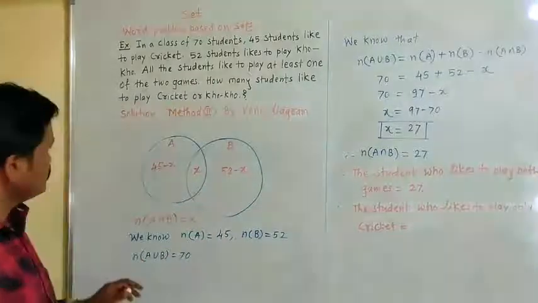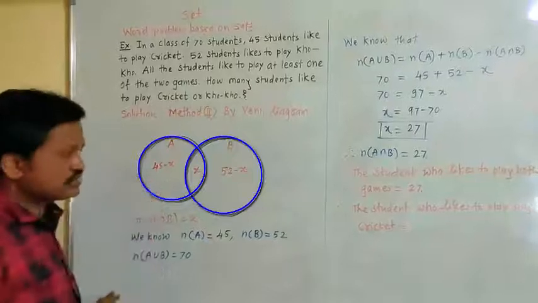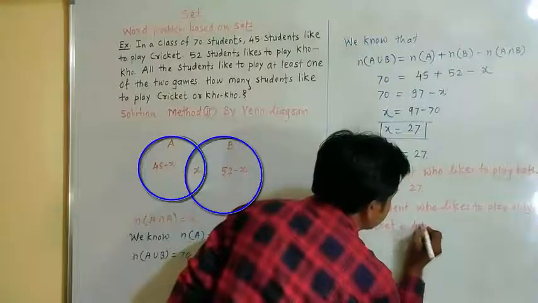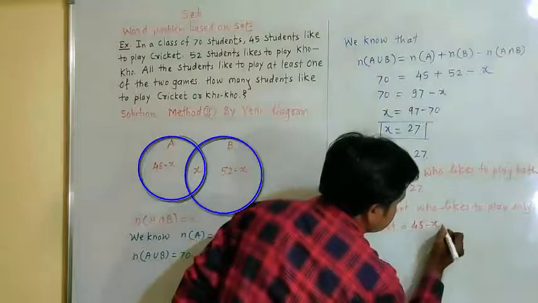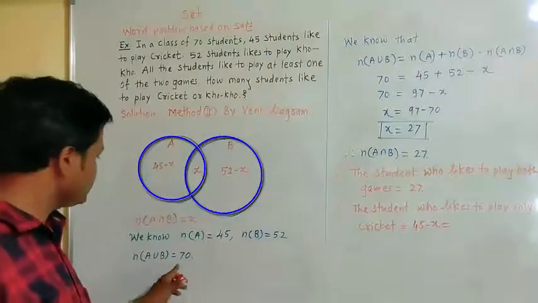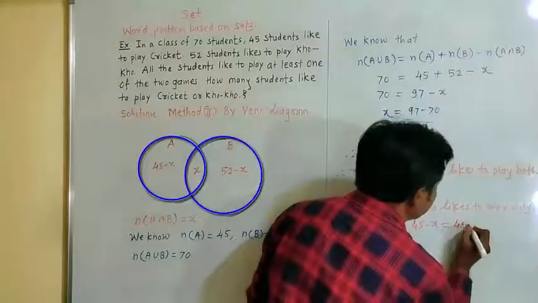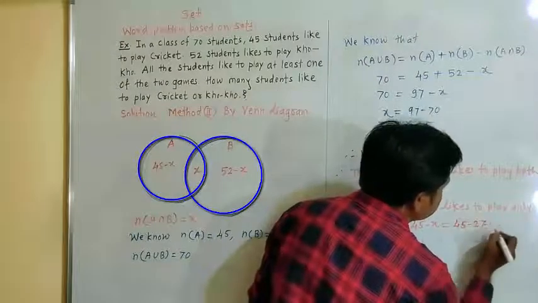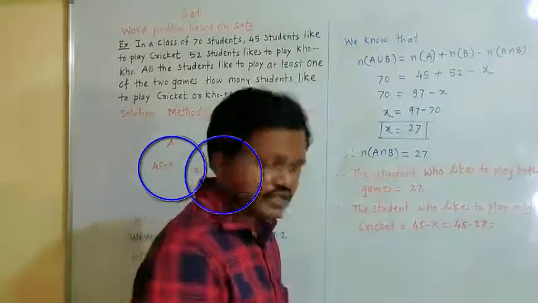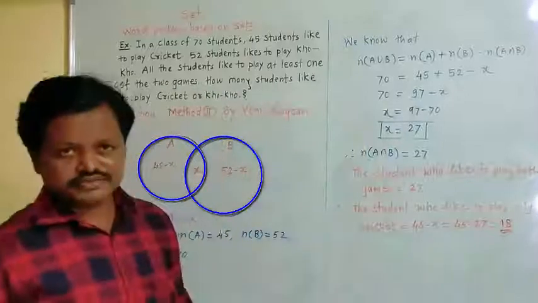It is 45 minus X. You know the value of X, that is 27. Put here values. 45 minus 27 is equal to 18. So that is our final answer.